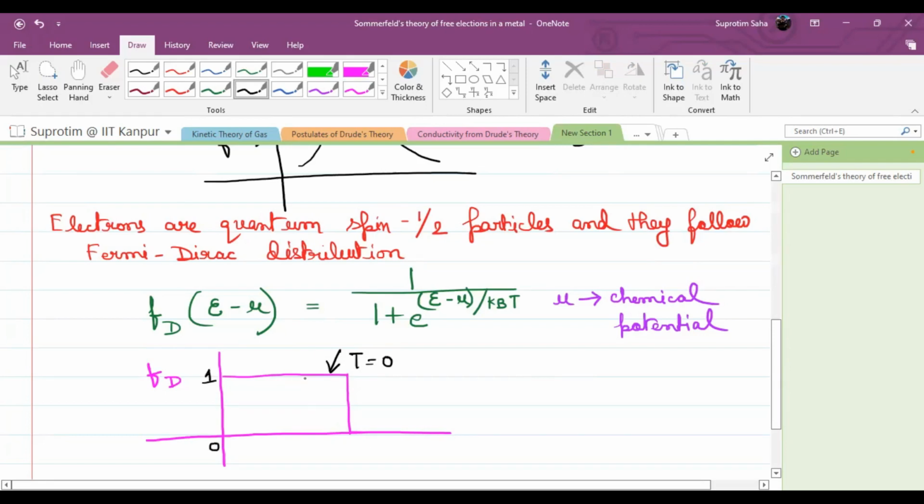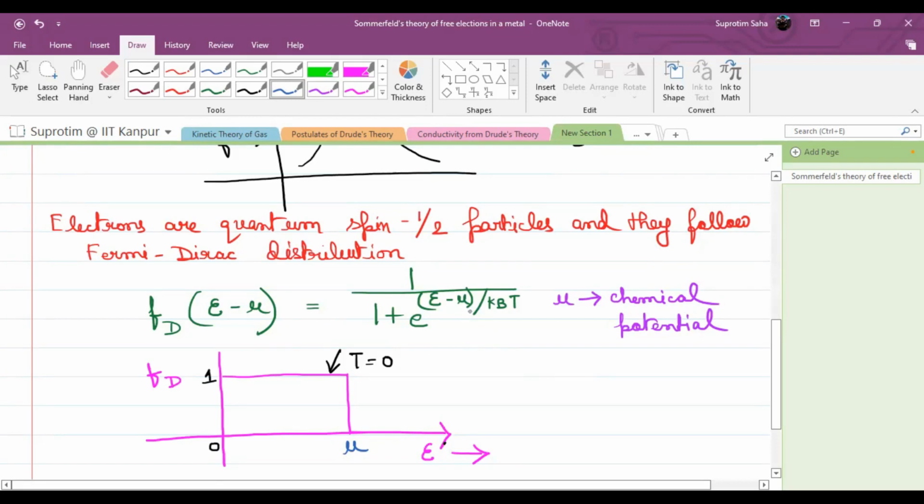So it stays constant with a value 1 up to a certain energy value and drops down to 0 after that. This axis is your energy, and this is your chemical potential, the point up to which it stays 1 and fixed.